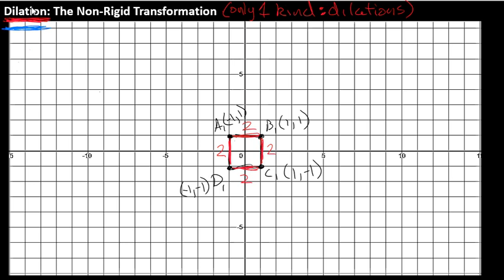If I want to dilate this square so that its side lengths are 6 instead of 2, I would need a scalar. Okay? So my scalar to go from 2 to 6 would have to be 3. I would multiply all 4 side lengths by 3. When I do that, I have to also multiply my ordered pairs by 3.